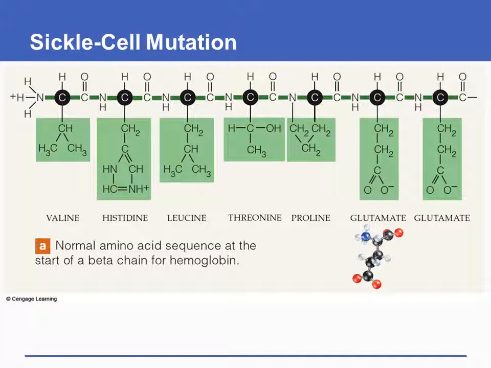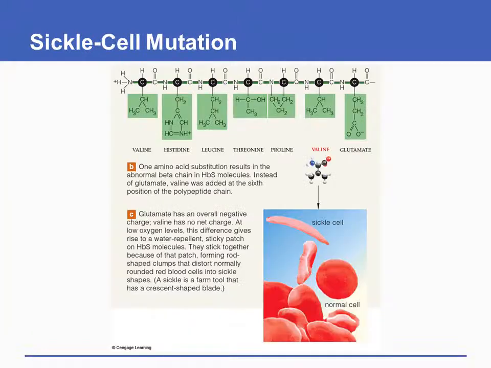As I said, hemoglobin is a protein. It's made up of a bunch of amino acids. In sickle cell mutation, one of the amino acids is incorrectly substituted. So where there should be a glutamate, there is valine, which means that the shape of the entire hemoglobin changes. And hemoglobin is unable to carry oxygen as it normally would.